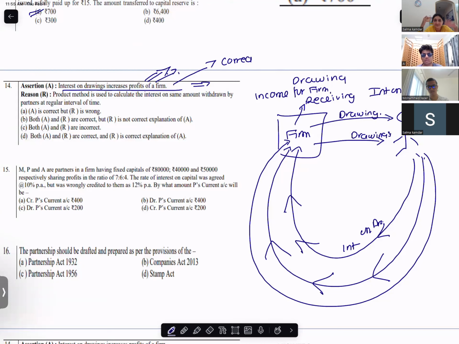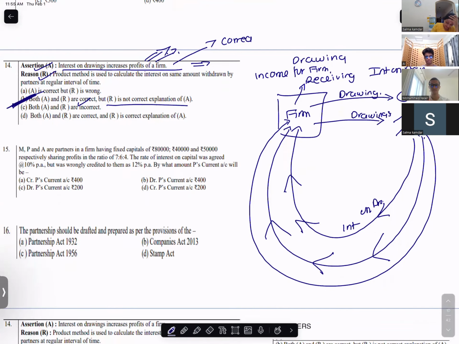Goodwill. So the reason is correct, but it is not the correct explanation for your assertion. So your option is what? D. Assertion is correct, reason is also correct, but reason is not the correct explanation for your assertion. Yes, D.